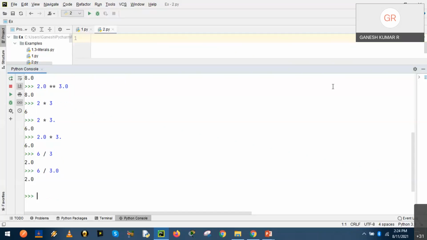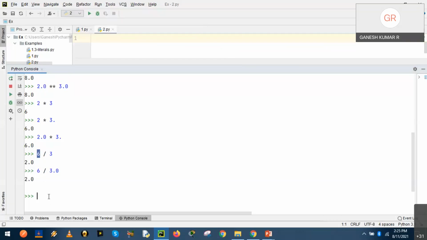So what is our observation here? Regardless of whether either operand is an integer or a float, the result produced by the division operator is always a float.